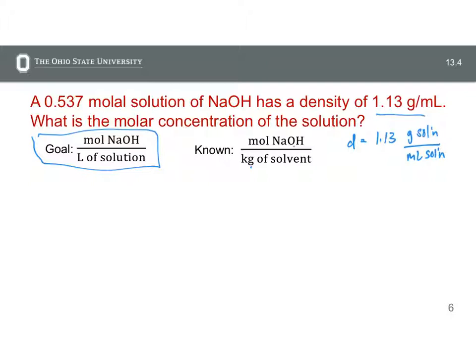Because we know molality, a really good approach to solving these types of problems is to assume whatever is in the denominator is a nice round number. So what I like to do is assume that we have 1 kilogram of solvent.